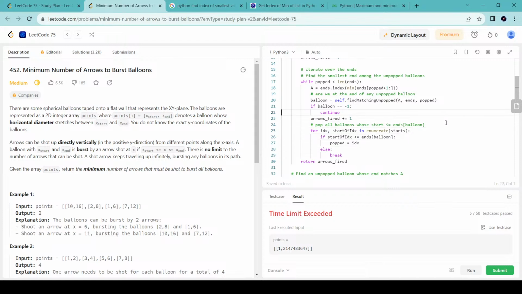And then popped will correct itself. Okay, so we don't have to find the matching unpopped. Actually, it's not A, it's balloon. We don't need this anymore, I'm pretty sure. Let's just run it and see what happens.